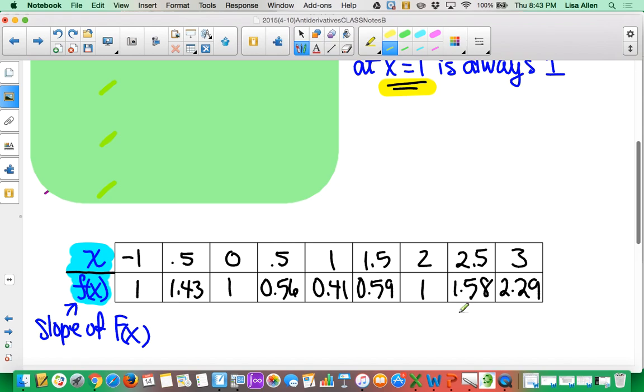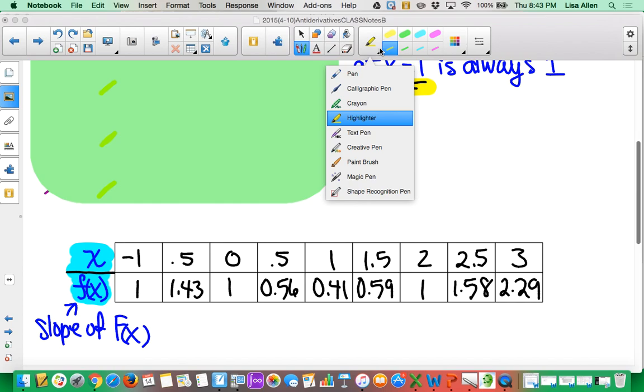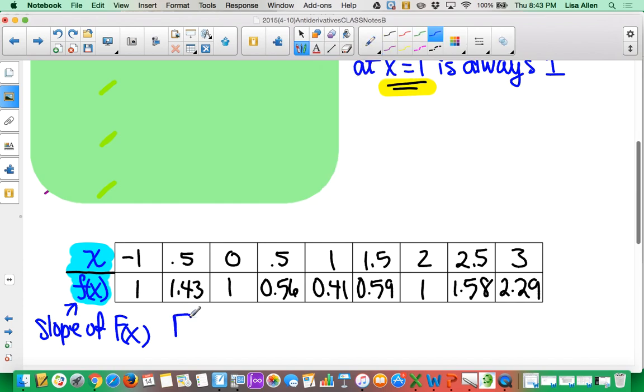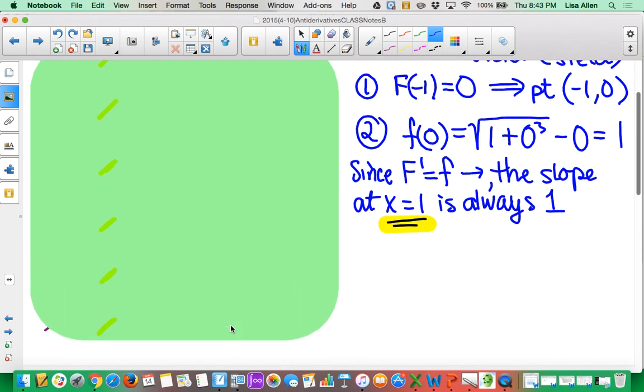Remember, the slope values of f of x are in the table. Since F prime is equal to the function f, we'll be looking at f as the slope of our antiderivative graph. So go ahead, pause your video now, and graph your slope field.